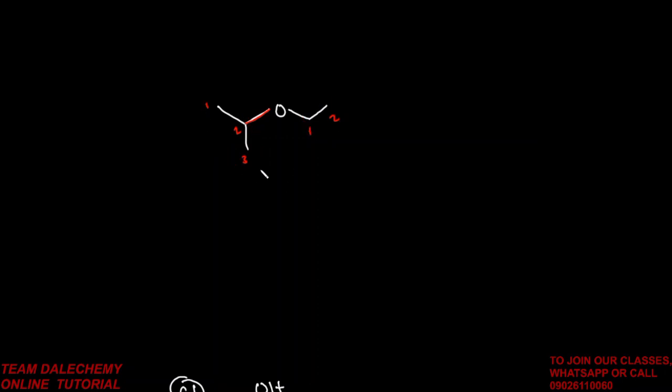So this side would be our parent alkane, and the substituent would be ethoxy, because we have 2 carbons here, 1, 2. Now how do you name this? So it becomes 1, 2, 3. This ethoxy group has position 2 along the longest chain, which is the propane. So that will be 2 ethoxy propane.